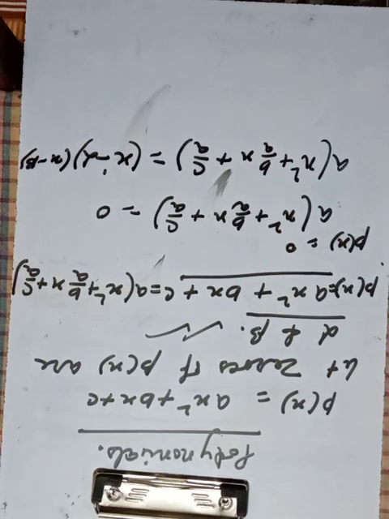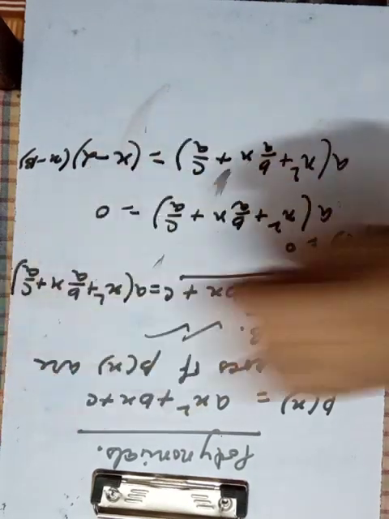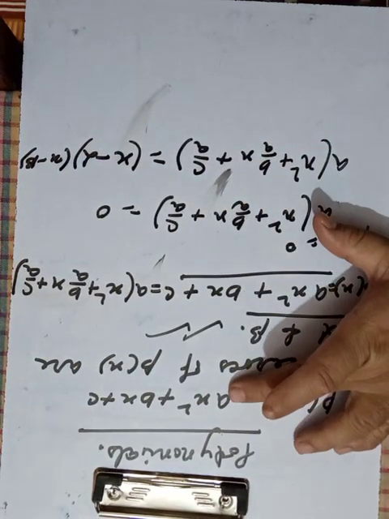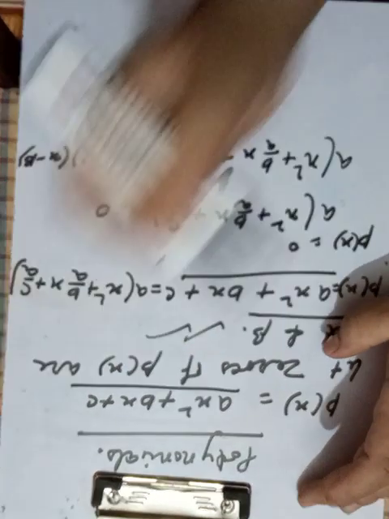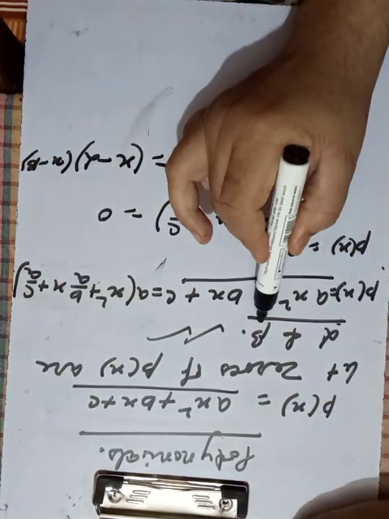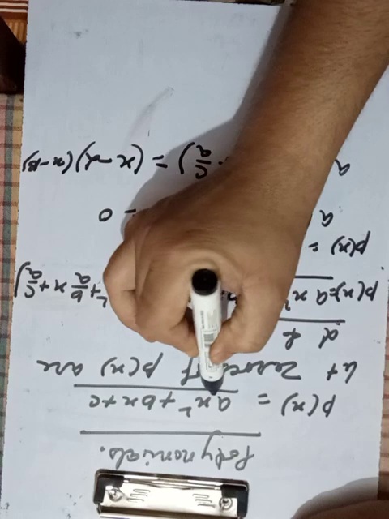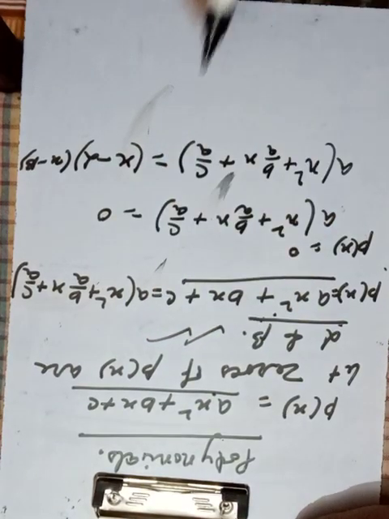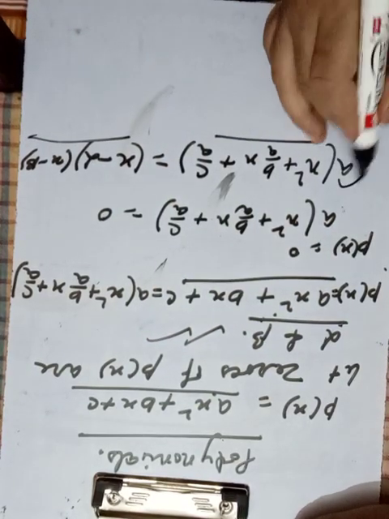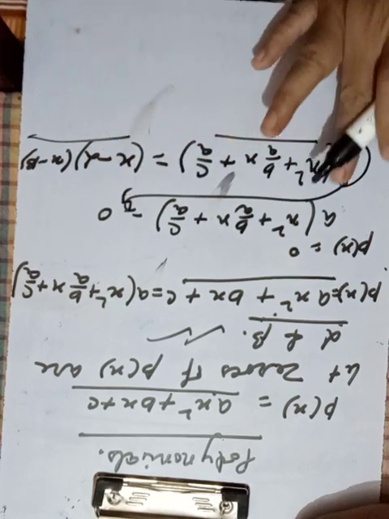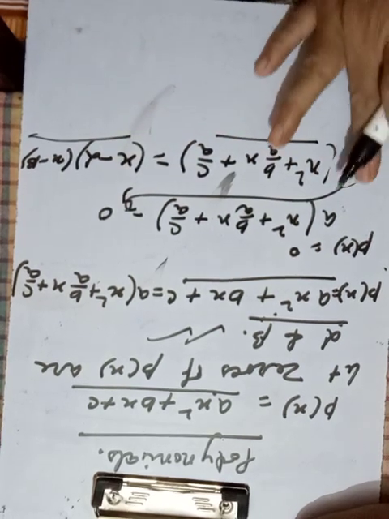Why x minus alpha and x minus beta? This is a degree 2 polynomial, so there will be 2 factors of this. One factor will be x minus alpha and the other will be x minus beta. This a will be omitted since we are taking this as 0.